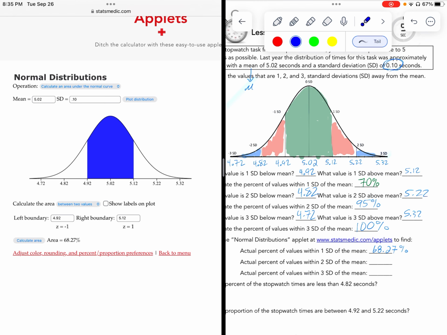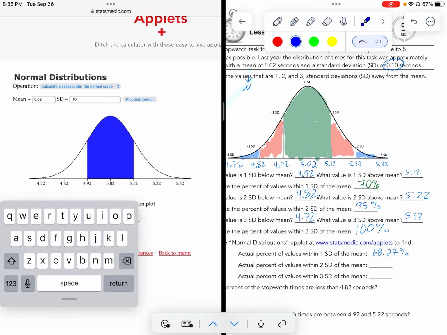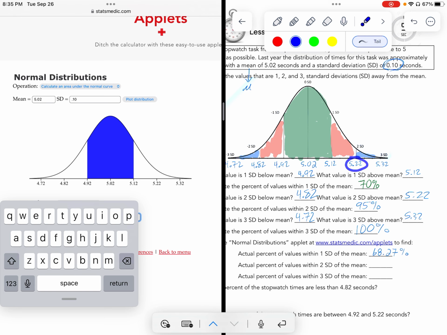On your own, you could pause the video and try to do these two, or just follow along, and then hit play when you're ready. Let's just do it again. Now for 2 standard deviations, my left boundary is 4.82 and my right boundary is 5.22.